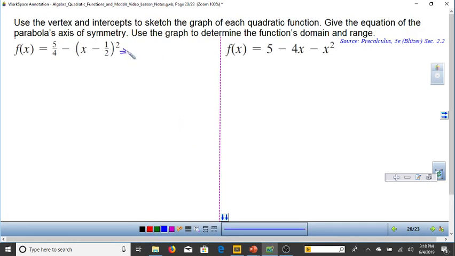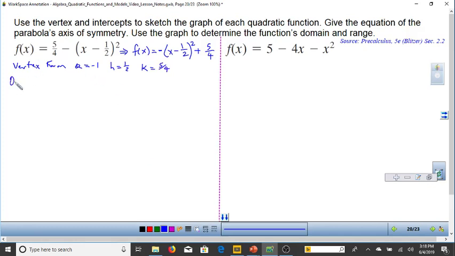I'm going to rewrite this as f of x is equal to negative (x minus 1/2) squared plus 5 over 4. Now in this case, this is still in vertex form. a is now negative 1, h is now 1/2, and k is now 5 over 4.